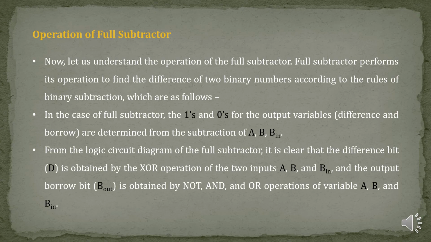From the logic circuit diagram, it is clear that the difference bit D is obtained by exclusive OR gate operation of the inputs A, B and B in, and the output borrow B out is obtained by the NOT gate, AND gate and OR gate operation of variables A, B and B in.